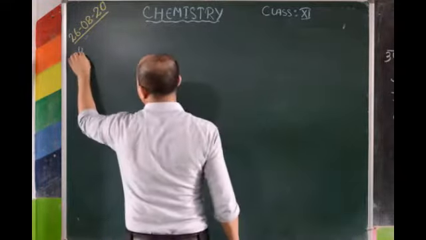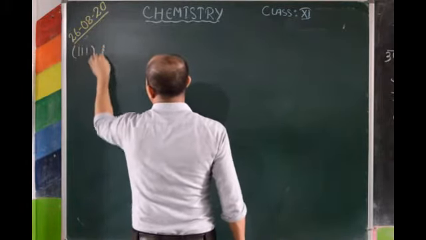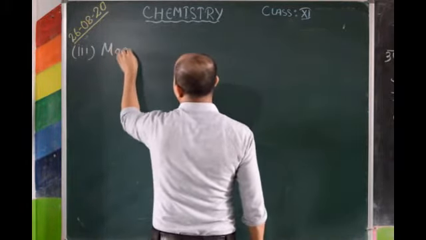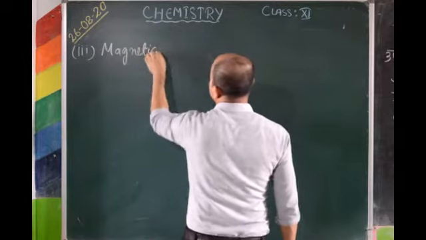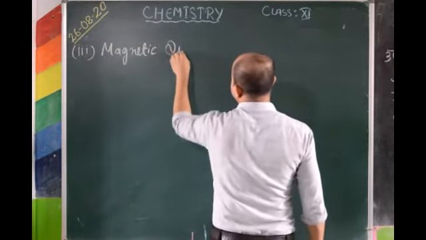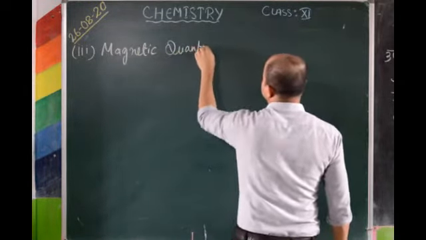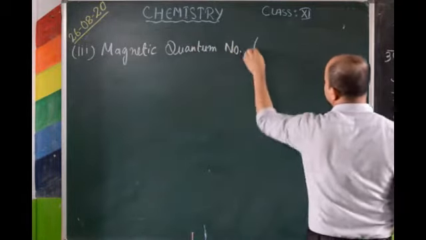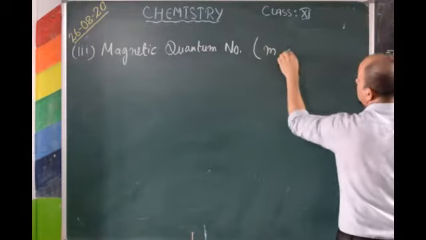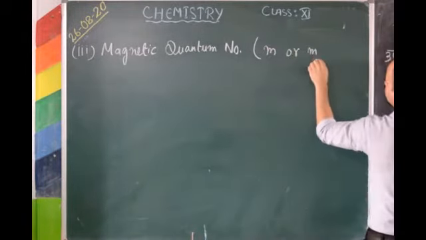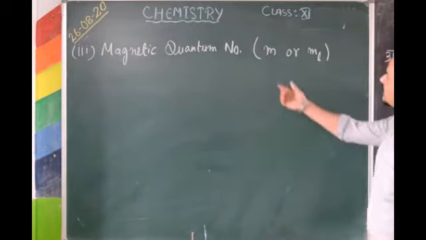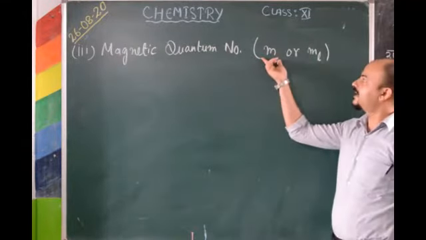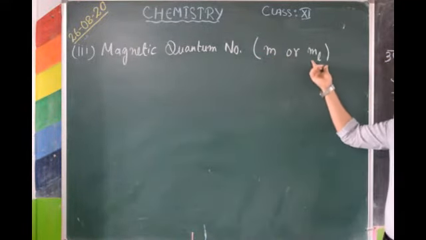The third type of quantum number is the magnetic quantum number, which is designated by m or m l.